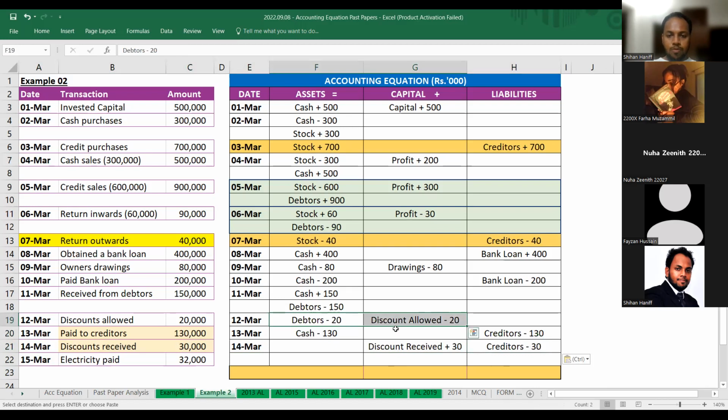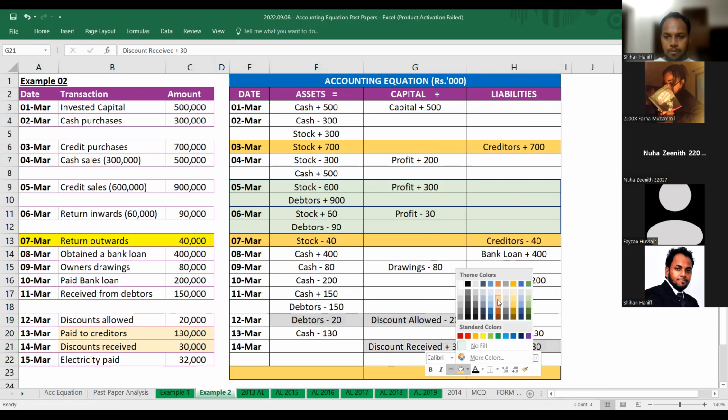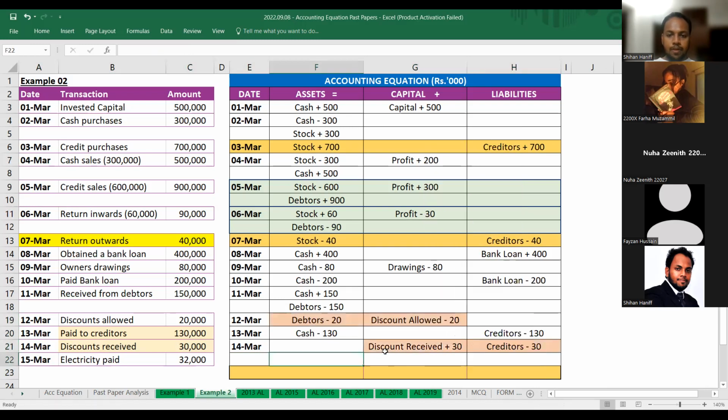So these two transactions, discount received and discount allowed. See the difference between these two transactions. There is a question. Can we show 11th and 12th transaction, these two, as a single entry?